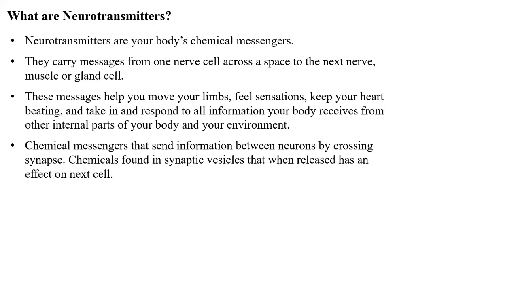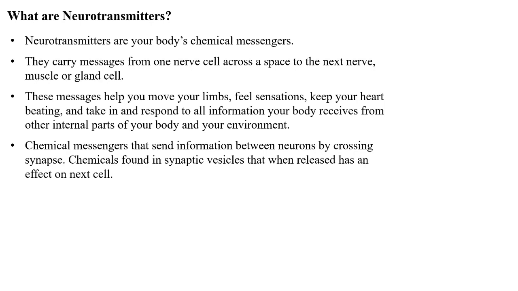These messages help you move your limbs, feel sensation, keep your heart beating, and take in and respond to all information your body receives from other internal parts of your body and your environment. Chemical messengers that send information between neurons by crossing synapses. Chemicals found in synaptic vesicles that, when released, have an effect on the next cell.